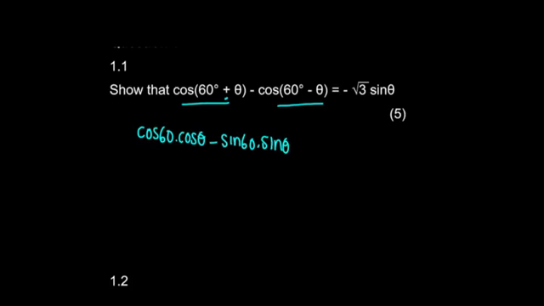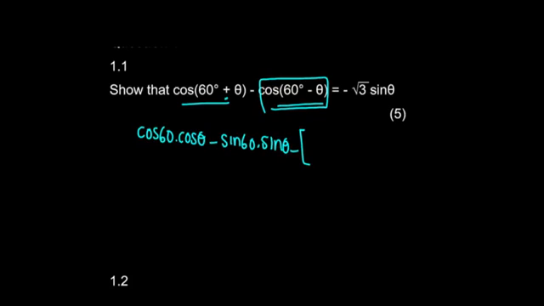Okay, now we have a minus between the two terms. Be careful, because if you don't put this second little bit that you're going to do in a bracket, you may forget and you may make a mistake. So use a bracket just to show the expansion for cos 60 minus theta. With your bracket, you will then remember to times the minus through the bracket and change your signs.